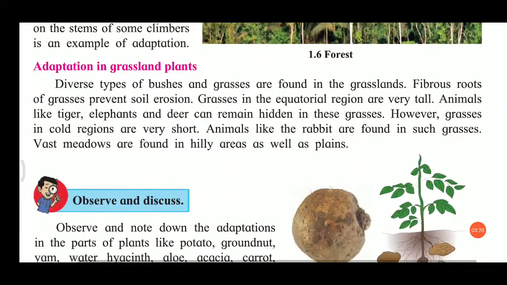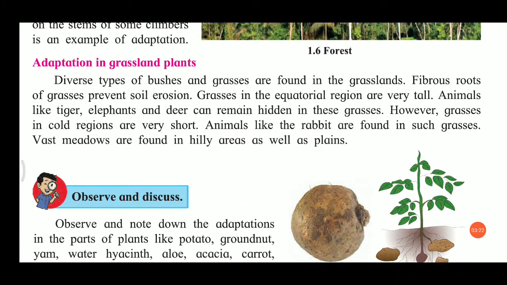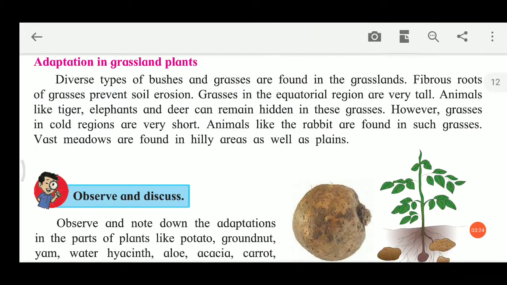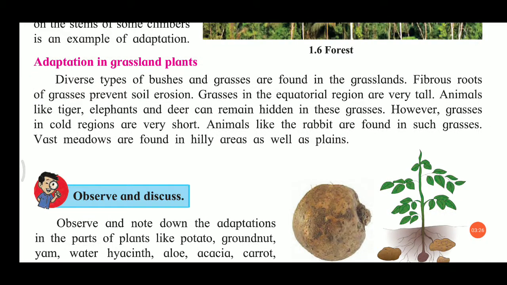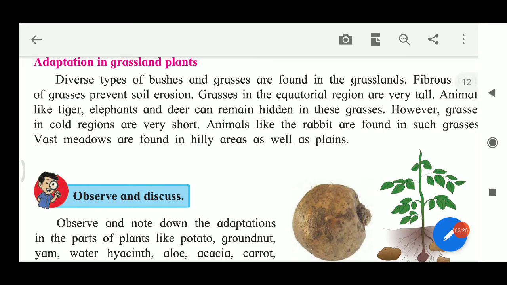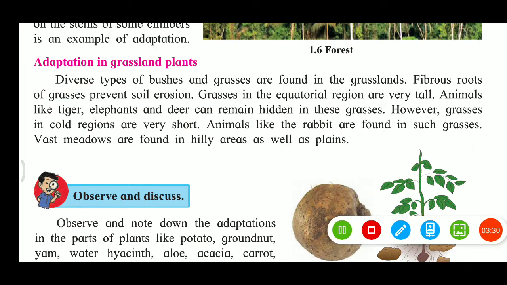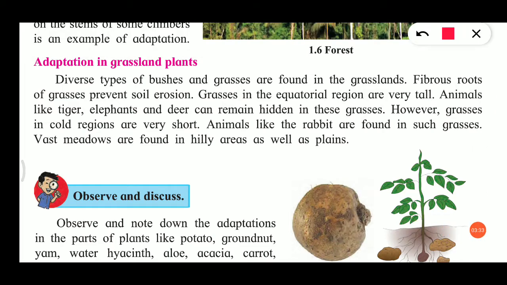Now, adaptation in grassland plants. Diverse types of bushes are found in the grassland. Fibrous roots of grasses prevent soil erosion. Grasses in the equatorial regions are very tall. In these regions, mainly there is only grass all over, and some types of bushes also.